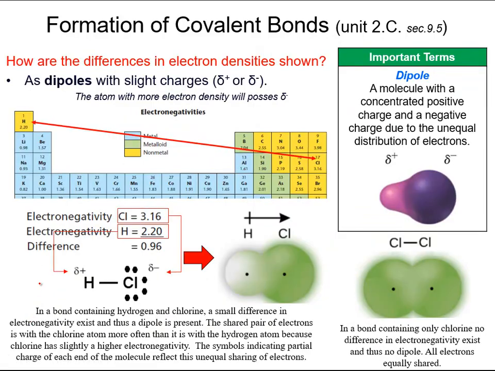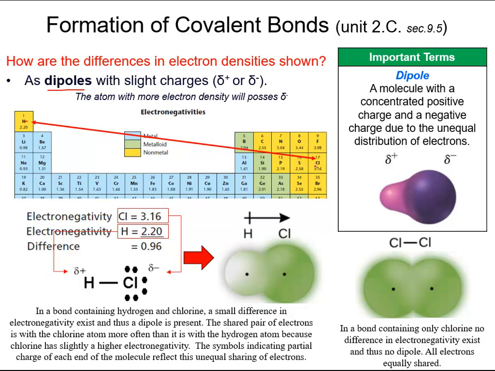So what happens when atoms with different electronegativities that also have high electronegativities bond? They create something we call a dipole, which is essentially a molecule that has a negative and a positive. It has two poles, positive and negative. In this example, I'm showing you where hydrogen hooks up with chlorine. Chlorine is more attractive than hydrogen, not because of the numbers here.